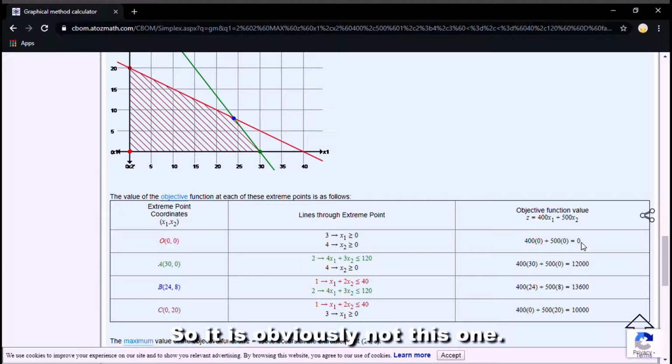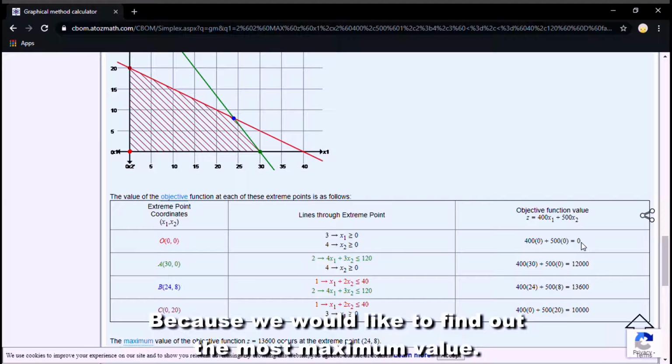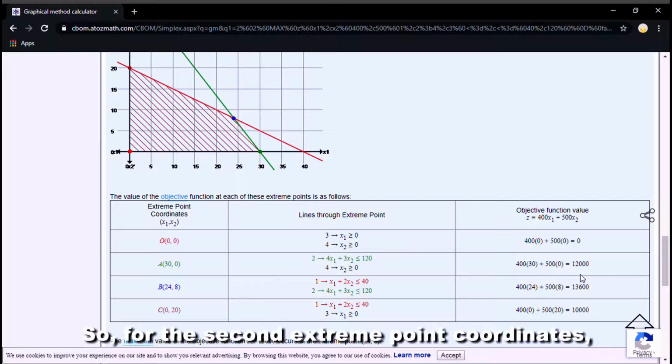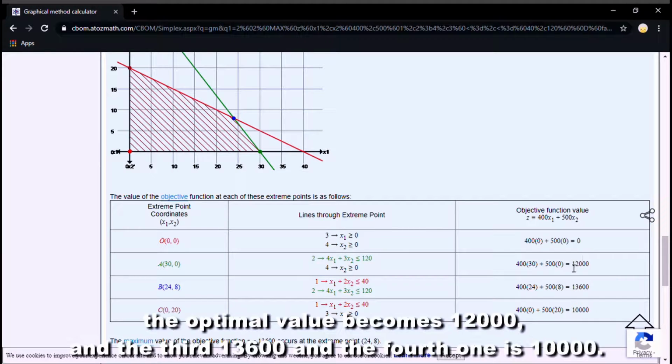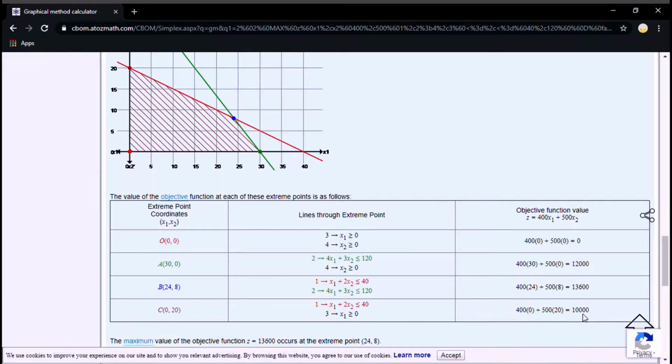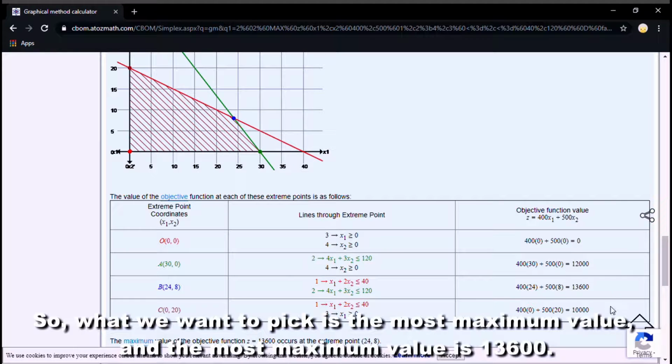So it is obviously not this one, because we would like to find the maximum value. For the second extreme point, the optimal value becomes 12,000, the third 13,600, and the fourth one is 10,000. So what we want to pick is the maximum value, and the maximum value is 13,600.